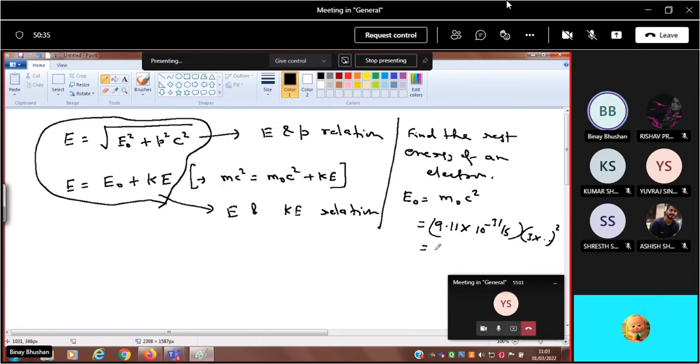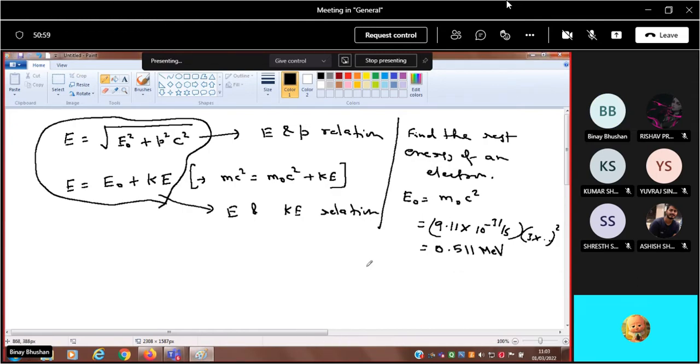This will come out to be, if I recall it correctly, 0.511 up to 3 decimal places mega electron volt. In STR, the energy is expressed in terms of either mega electron volt or giga electron volt. This is homework for all of you to get this.